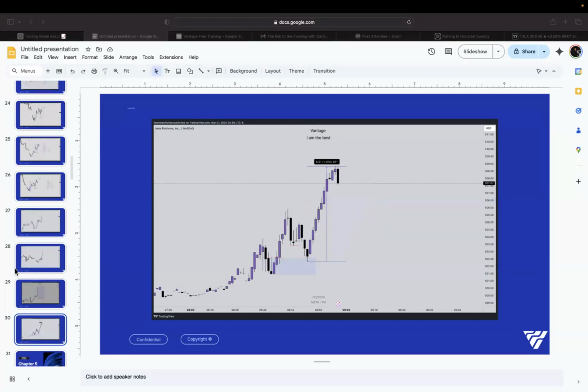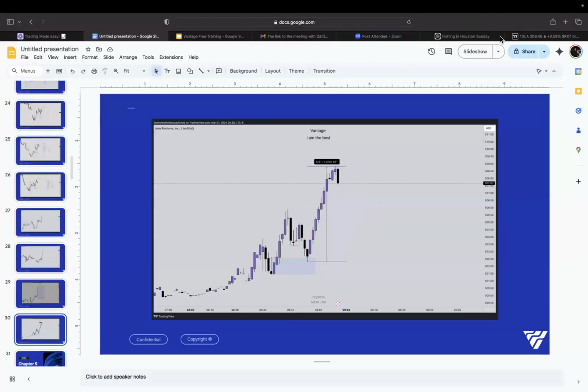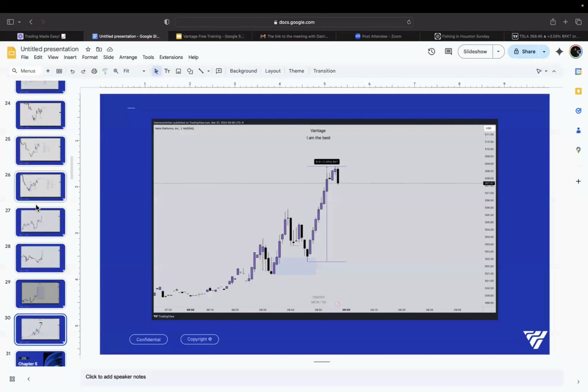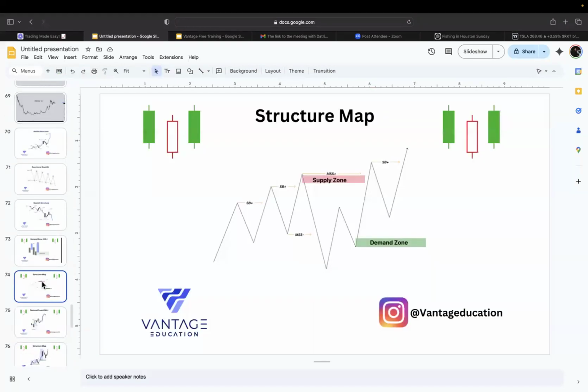So think of demand zone as literally just another part to a bullish range. Literally just like that. So like right here, we can see bearish range. There's our shift to the upside, our demand zone right there.